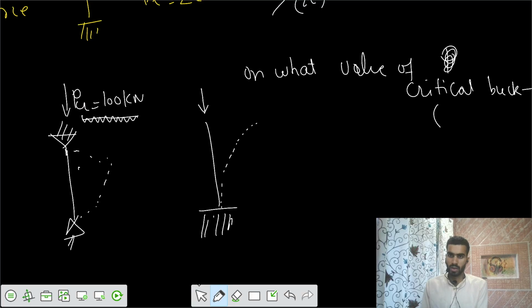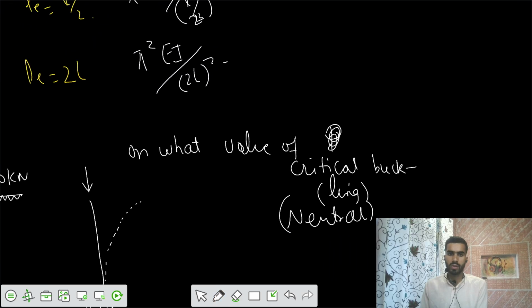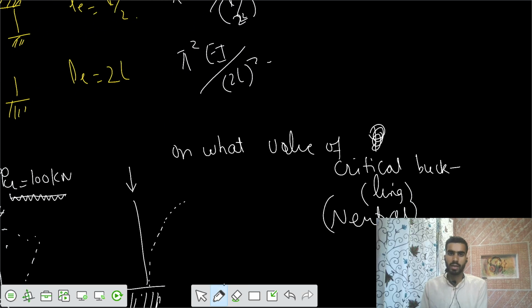That means the load PCR equals 1/4 of PCR hinged, because you have 1 by 2 square, that is 1/4 of PCR.